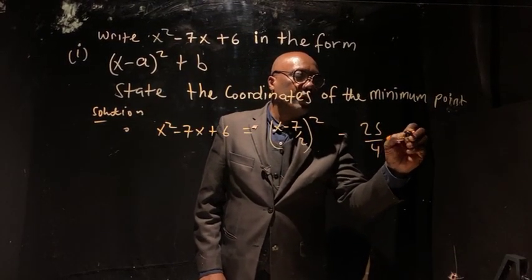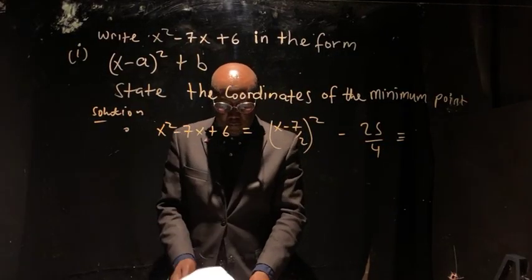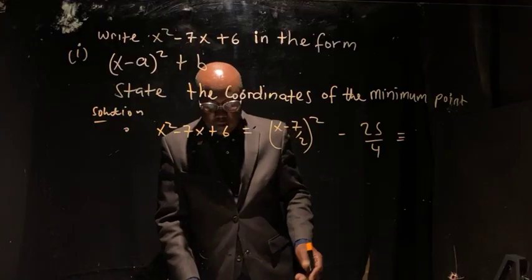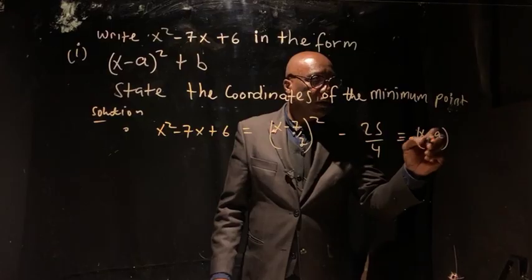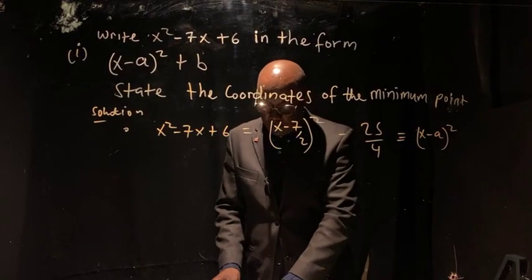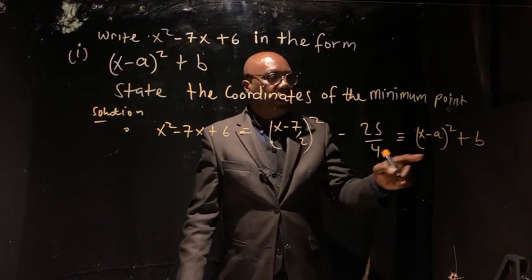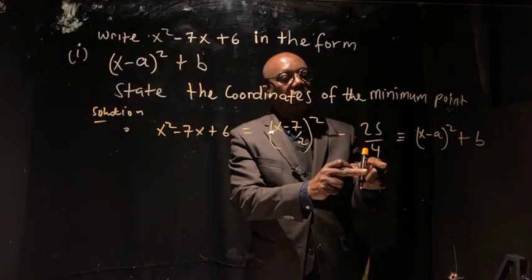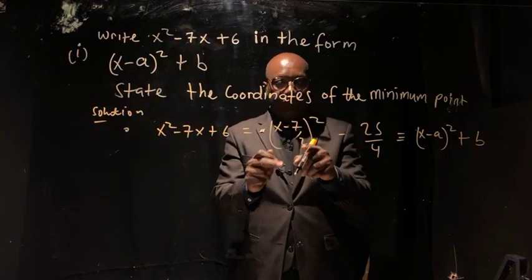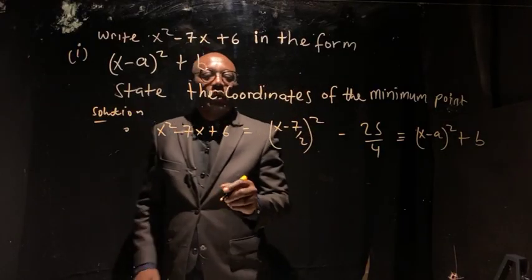It was very much identical to (x minus a) squared plus b, where b is equal to negative 25 over 4 and a is 7 over 2.